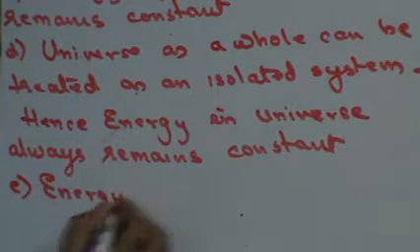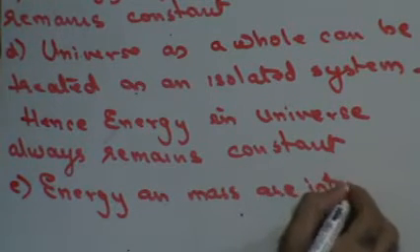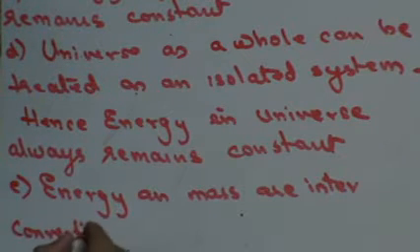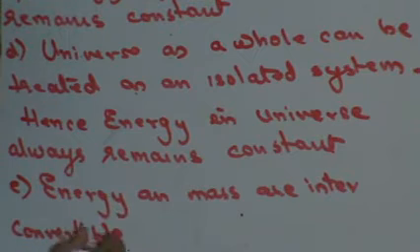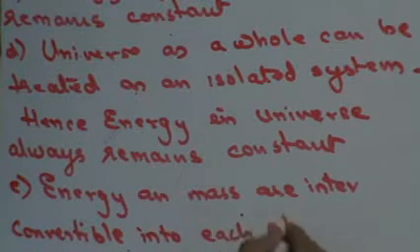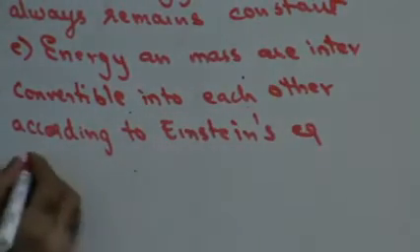Energy and mass are interconvertible into each other according to Einstein's equation, E is equal to mc square.